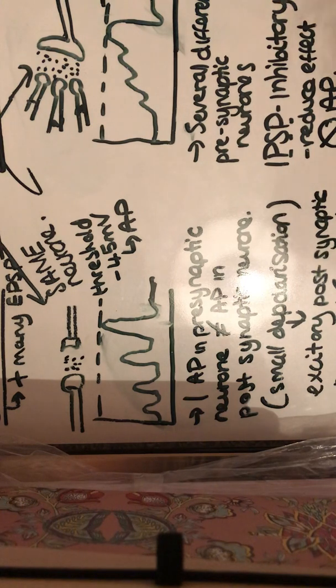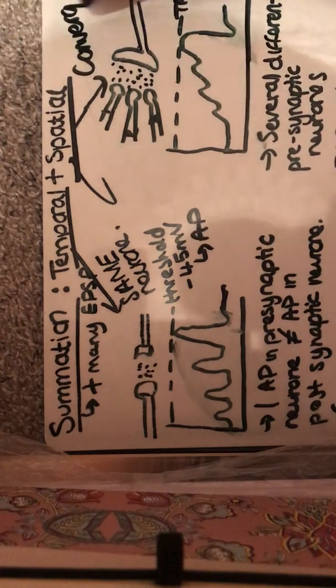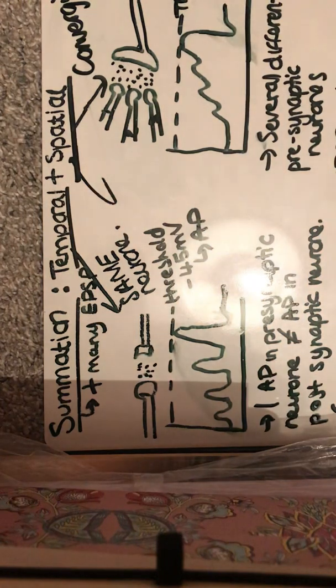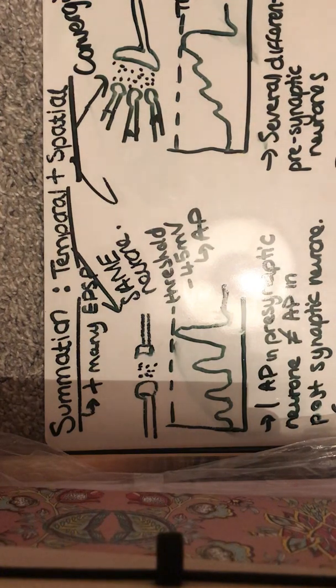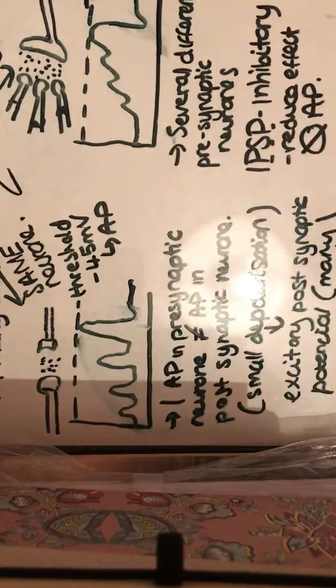And then we can also say for the control of communication that several presynaptic neurons can converge, so that's what's happening here, because there's three going into one, so they're converging. The difference would be if it was diverging.